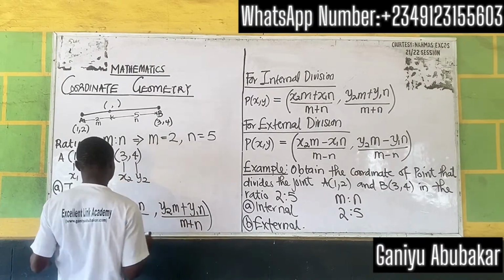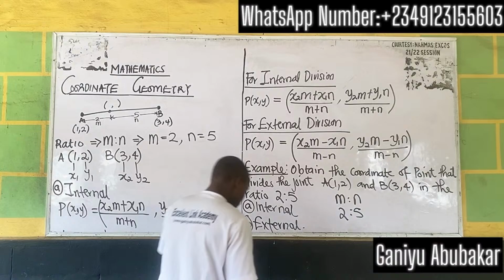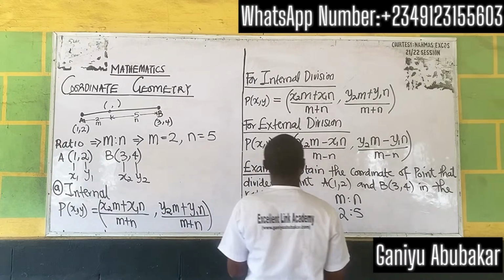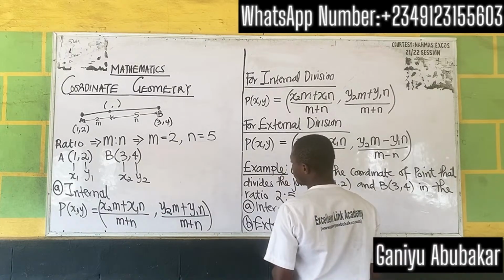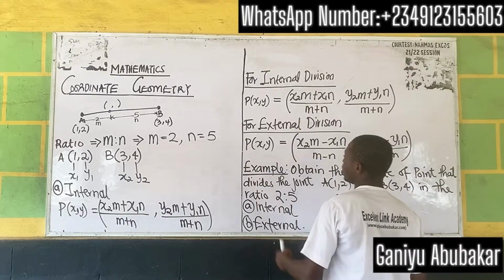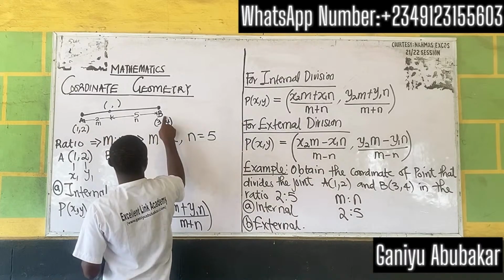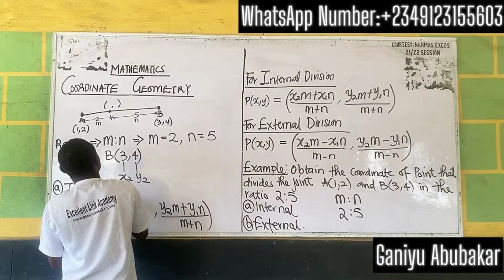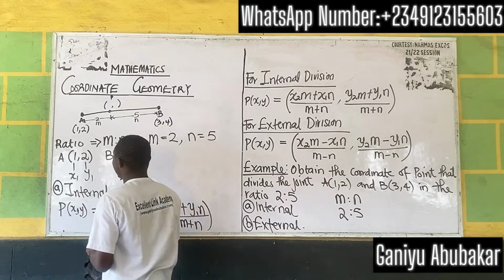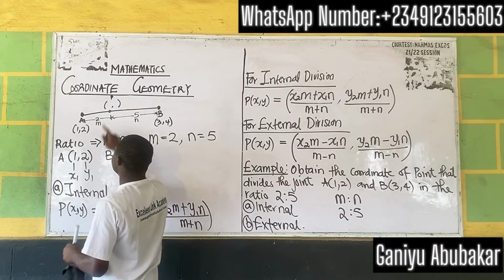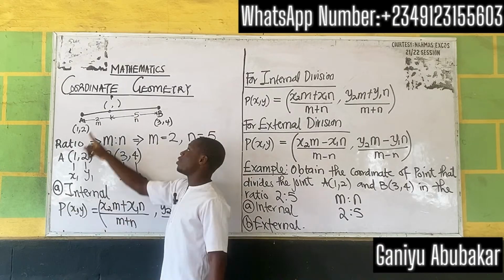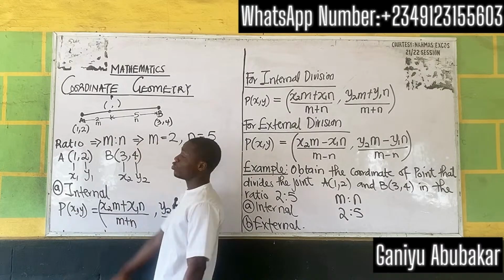This is for internal. Let's put in values and find the coordinate of point P. I can call it anything: point P, or point Q, or point R. Whichever you want to call it, you're free.